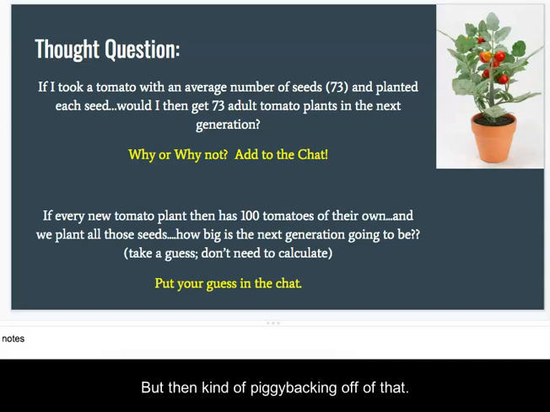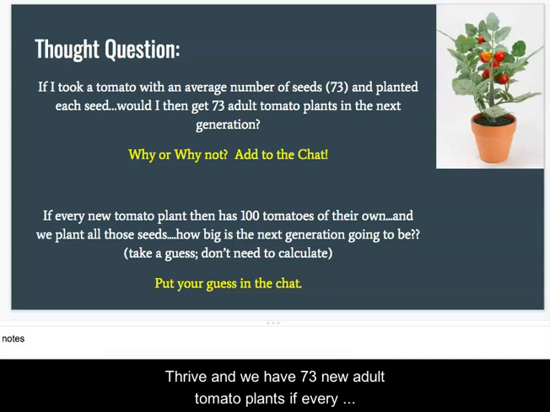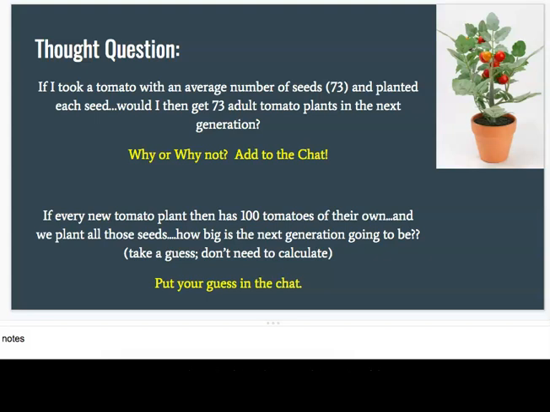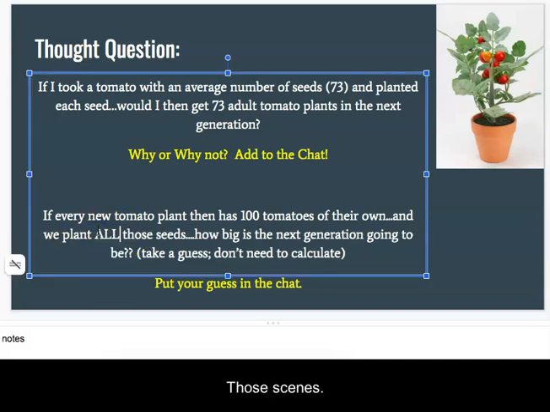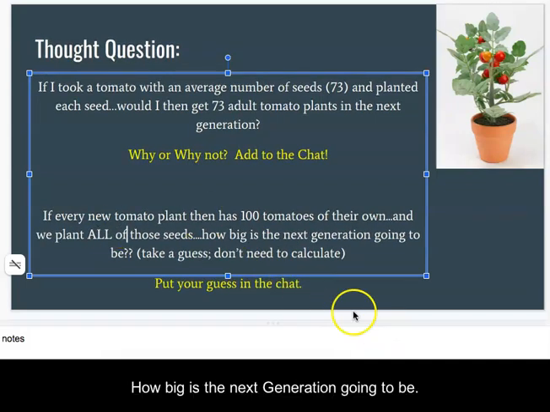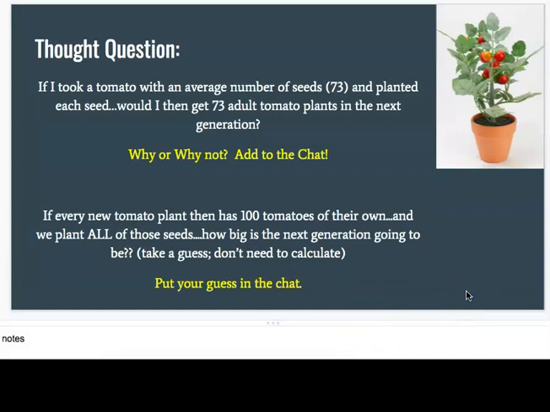But then, piggybacking off of that, let's say that all 73 tomato plants thrive and we have 73 new adult tomato plants. If every one of those tomato plants had 100 tomatoes of their own and we plant all of those seeds, how big is the next generation going to be?